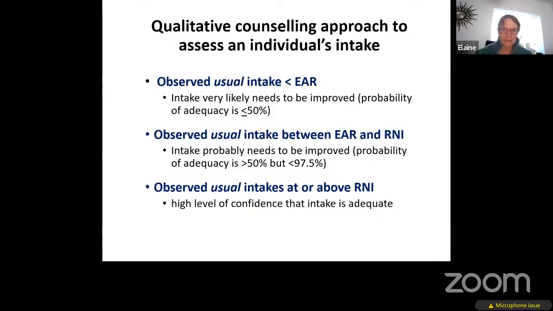The probability of inadequacy is starting to reduce. If their observed intake is at or above the recommended nutrient intake, then you'd be fairly confident that their intakes would be meeting their requirements, because the requirement meets the needs of 97.5% of the population.